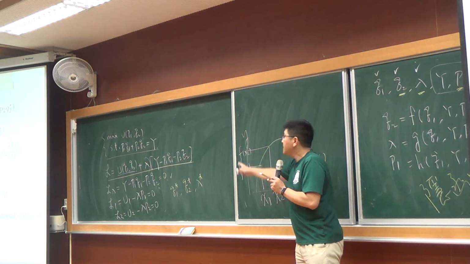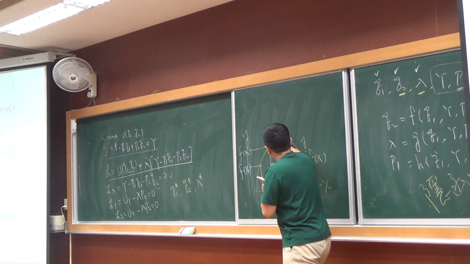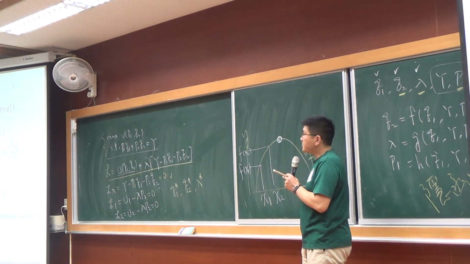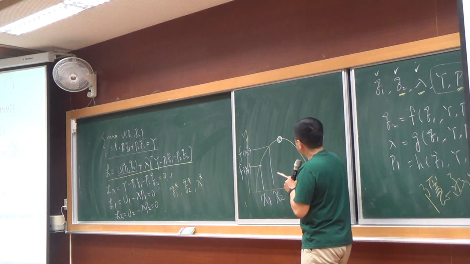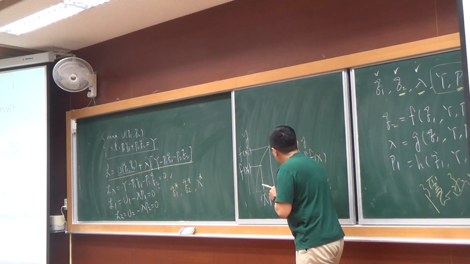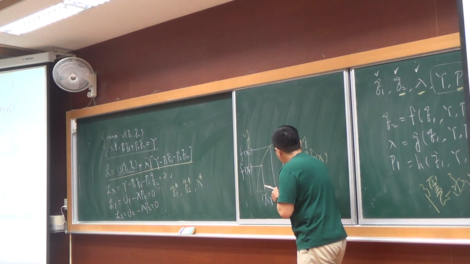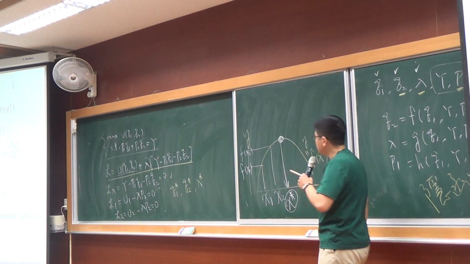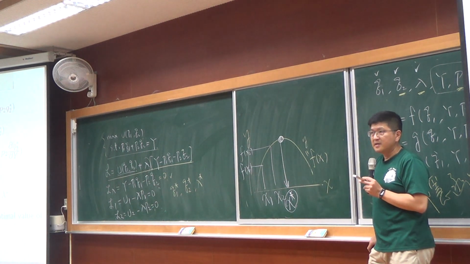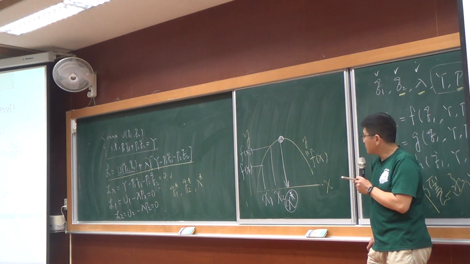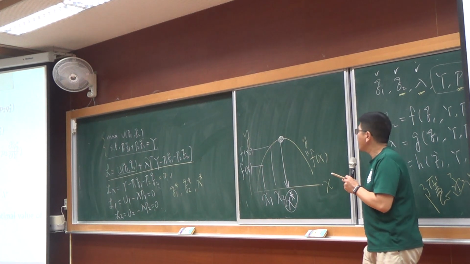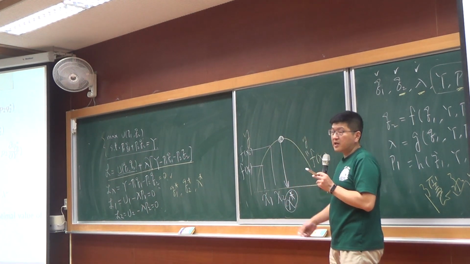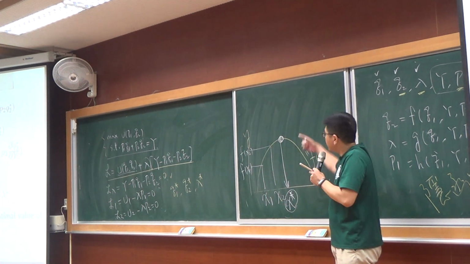Now, since we are maximizing the function value, and we already find x star, which is the critical value of x, and we know the second order condition is satisfied, it's negative.